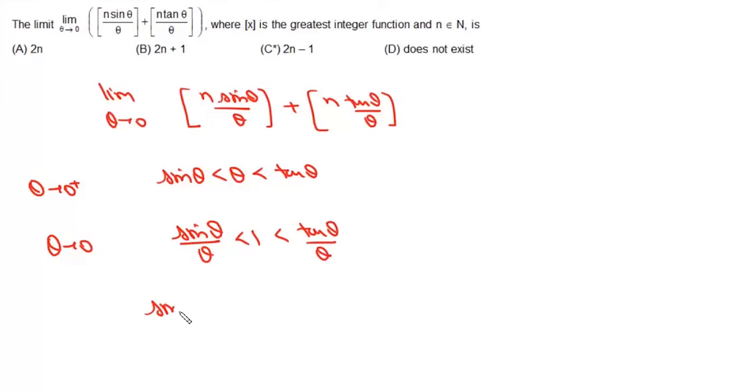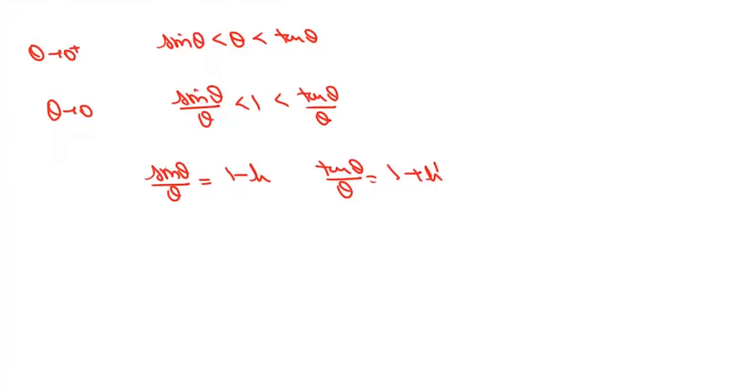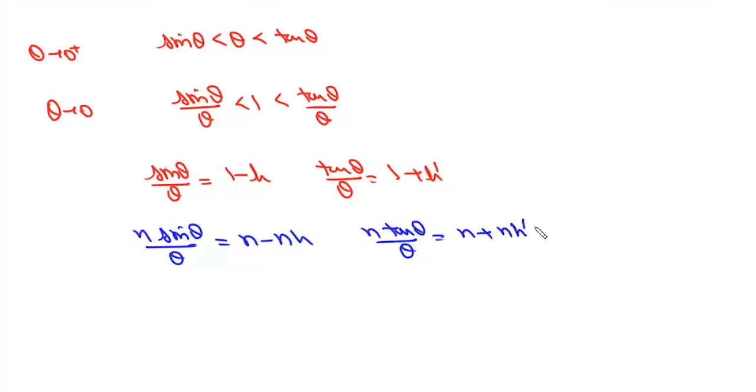So basically sin theta upon theta is nearly 1 minus h, while tan theta upon theta is nearly 1 plus h dash. Now we multiply it with n, then we can write n sin theta upon theta will be n minus nh, and in the same way n tan theta upon theta will be n plus n into h dash.